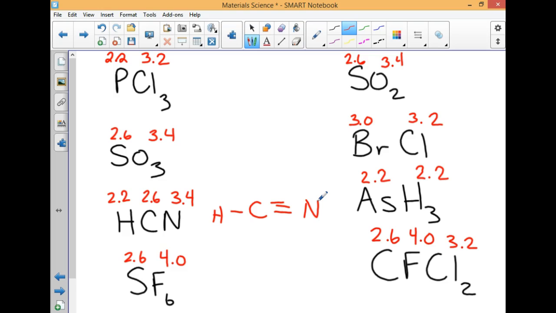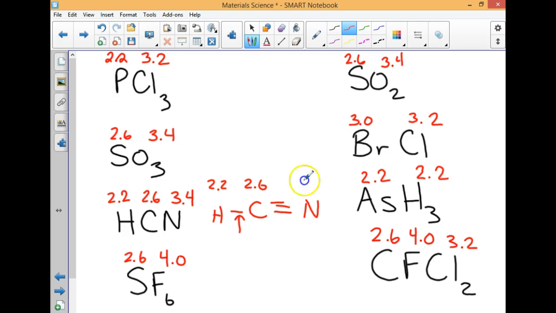If it starts with hydrogen, not likely, because hydrogen can only connect with one other thing. So if this is 2.2 here and 2.6 here, the difference between these two is only 0.4. That means that these electrons right here are going to be shared fairly equally.